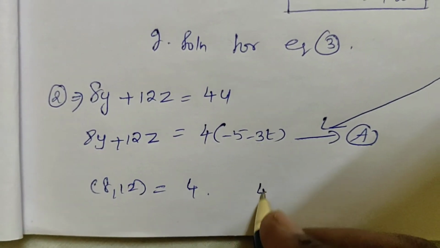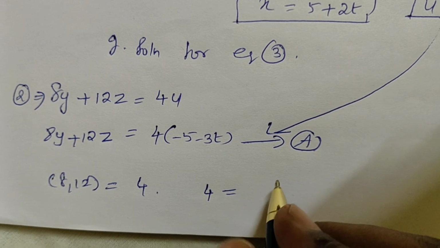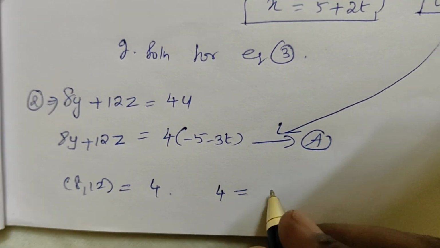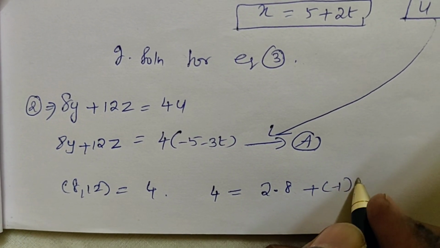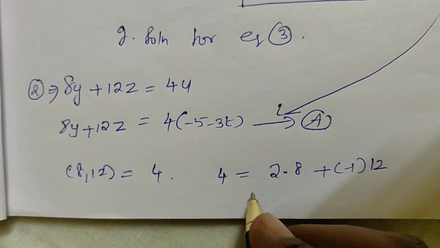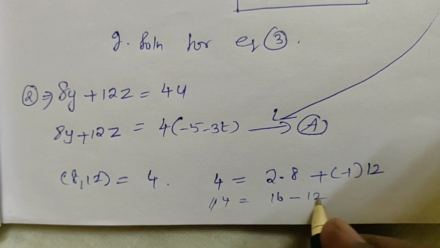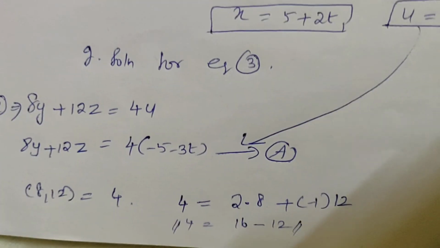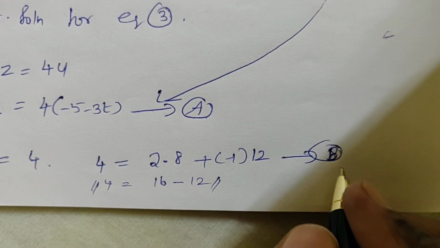This GCD value 4 can be written, in terms of 8 and 12, as 2 into 8 plus minus 1 into 12. So that is 16 minus 12, that is equal to 4. Put this as equation number B.